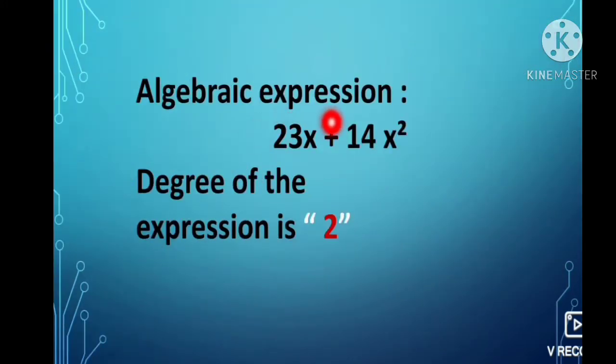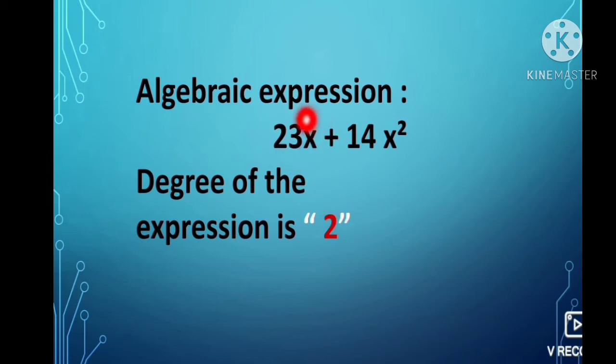Now, the algebraic expression 23x plus 14x square is given. Here, students, this is a binomial. That is, 2 terms are given. Here, how to find the degree of the expression? When a binomial, trinomial or polynomial is given, we have to take the highest power term. Here, the highest power will be the degree of the given polynomial.